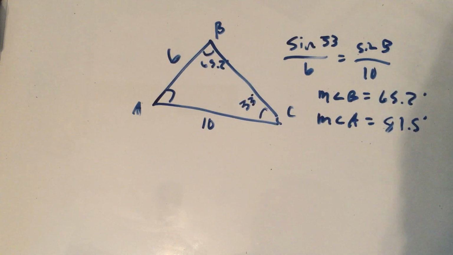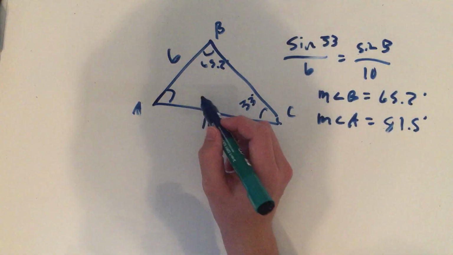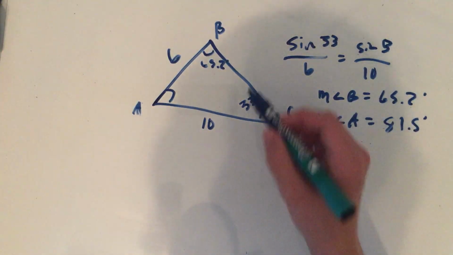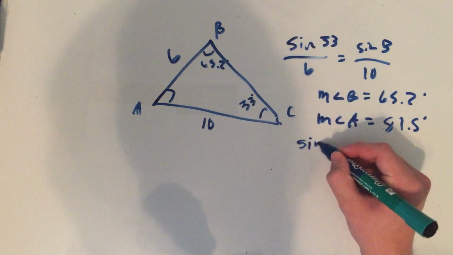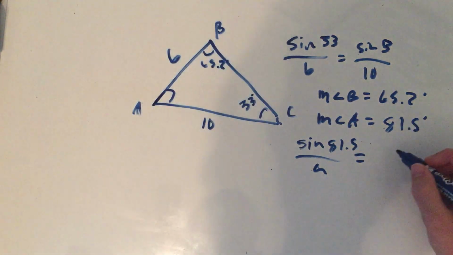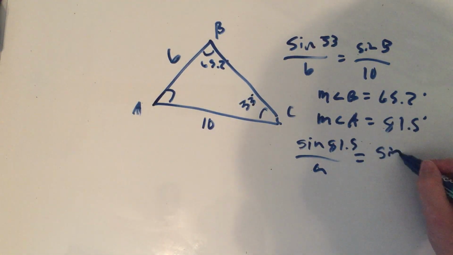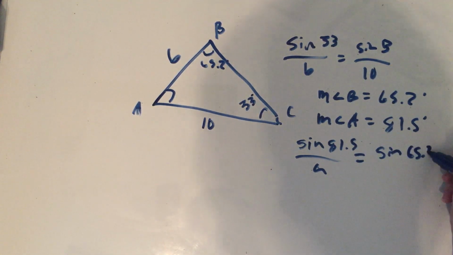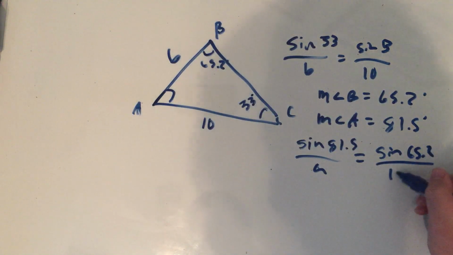But now we're going to use the law of sines to solve for the length of a. So we take sine of 81.5 degrees over a equals sine of 65.2 over 10.